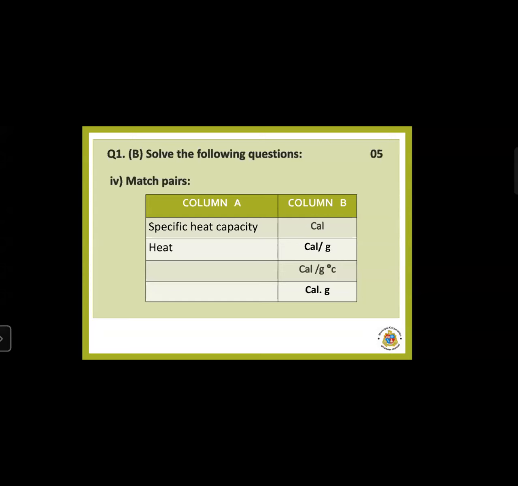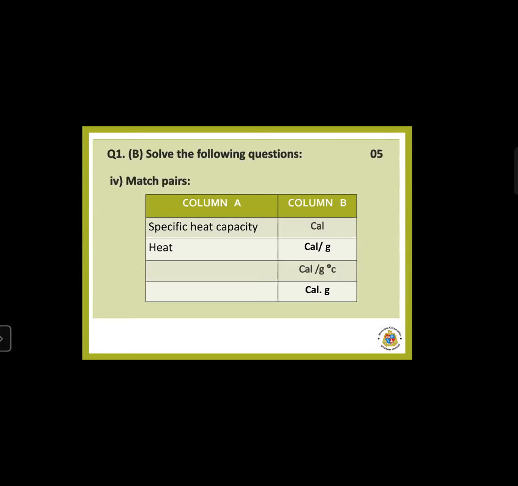So in column A in your question paper, those 2 points are wrong. The right points are specific heat capacity and heat. So column A has 2 points, the first is specific heat capacity and the second is heat. And column B has calorie per gram degree Celsius, and calorie multiplied by gram. Now, what is the right answer?